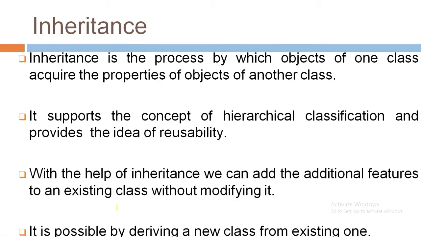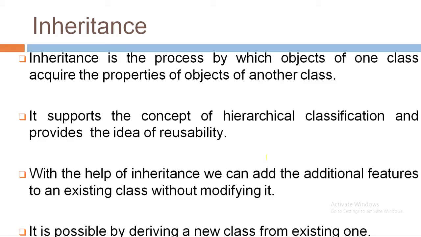The next thing is inheritance, a very important concept in the object-oriented paradigm. Inheritance is generally known as the process in which an object of one class acquires the properties of an object of another class. That means it supports the concept of hierarchical classification and provides the idea of reusability.